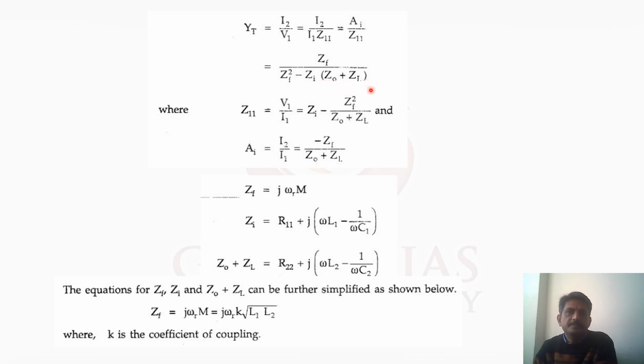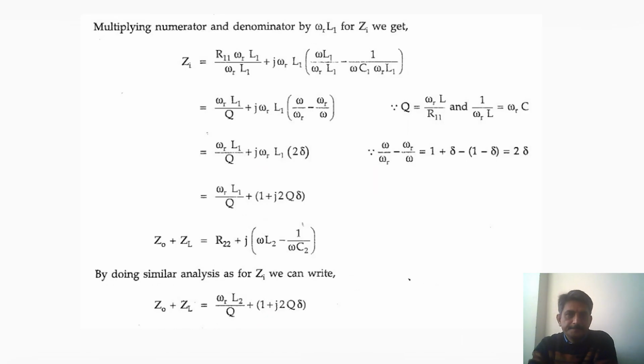Zf is given as j omega r M, and Zi is R1 plus j omega L1 minus 1 upon omega C1. So the equations Zf, Zi, Zo plus Zl can be further simplified as shown below. That is, Zf is equal to j omega r M, which is j omega r k under root L1 L2, where k is the coupling coefficient.